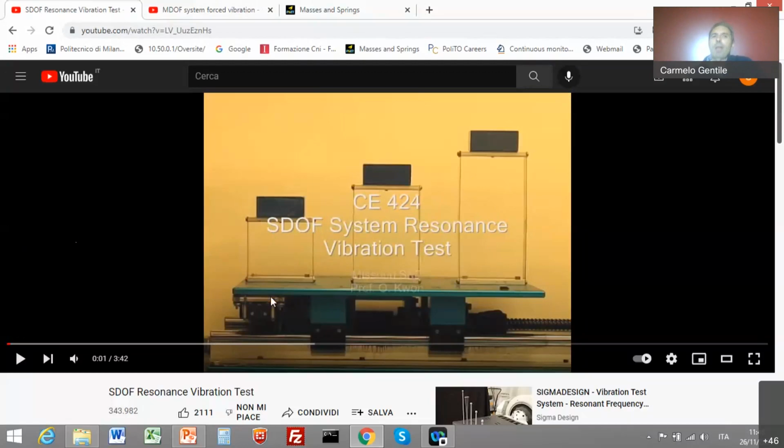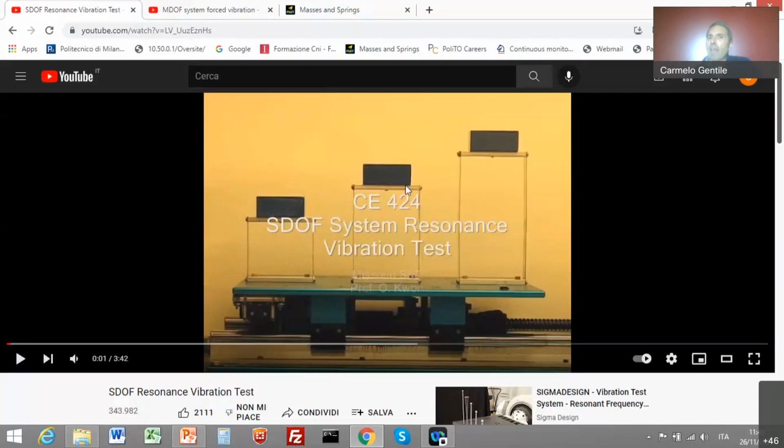Okay, these 3 models are basically different in stiffness, because every one of those elements consists of a certain mass, and the mass is connected to the ground, to this plate, by some vertical columns of a certain height.